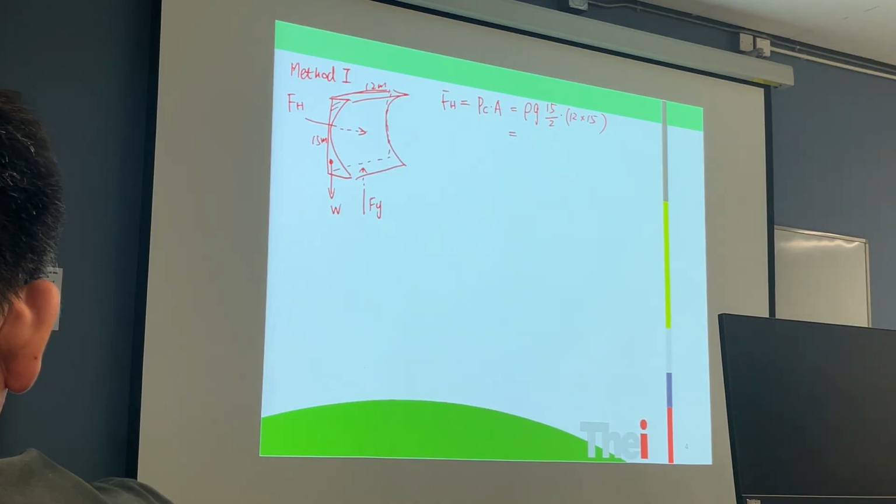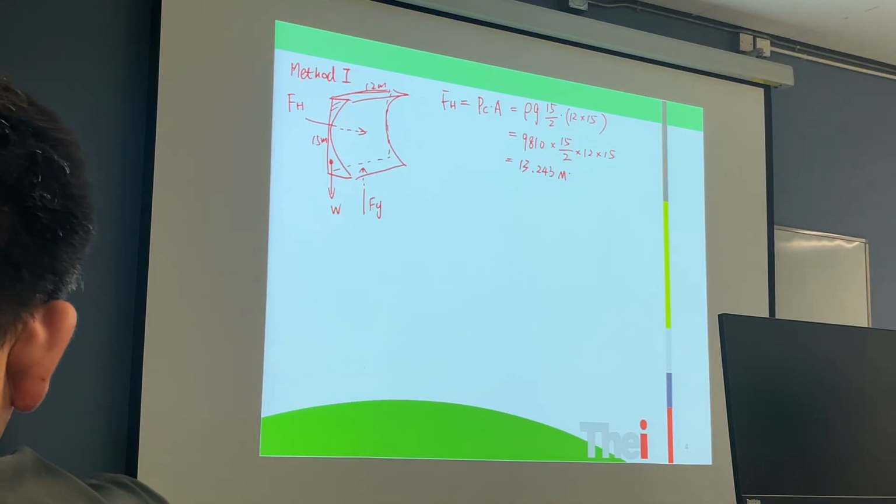Rho g of the water we take as 9810 Newton per cubic meter, times 15/2. This is to find out the central pressure, and times the area, 12 times 15. So the result is about 13.243 meganewton.